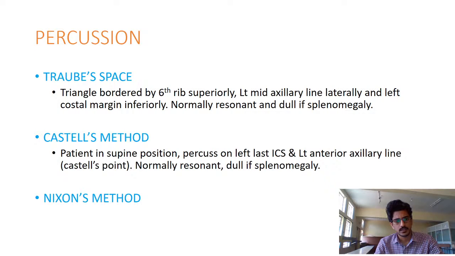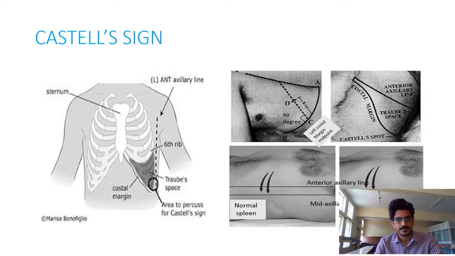And coming back to the pics, in the first one you can see the Traube's space and the area to percuss for the Castell sign. Traube's space is a triangular space, bordered horizontally by the sixth rib, and the borders are formed by the left anterior axillary line and the costal margin.